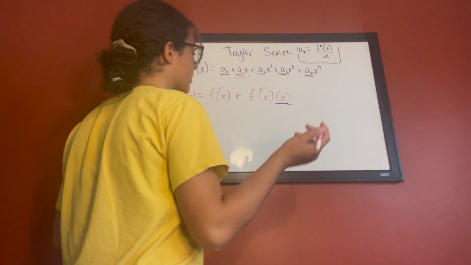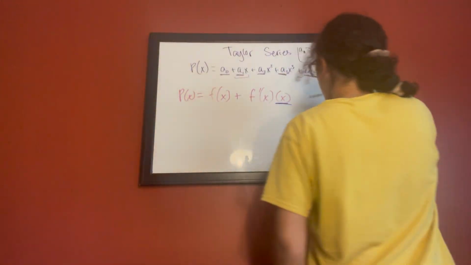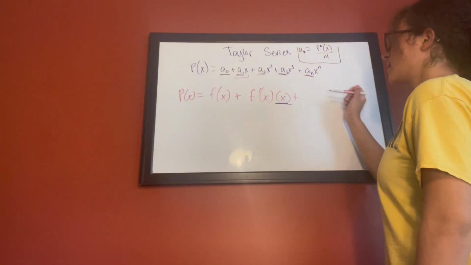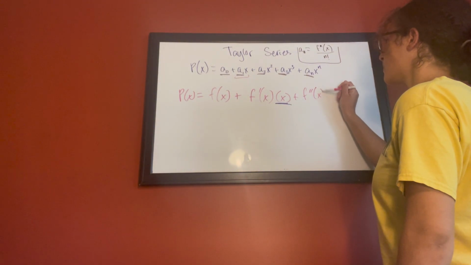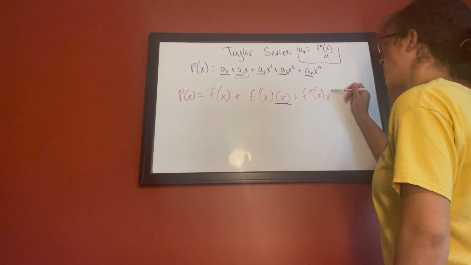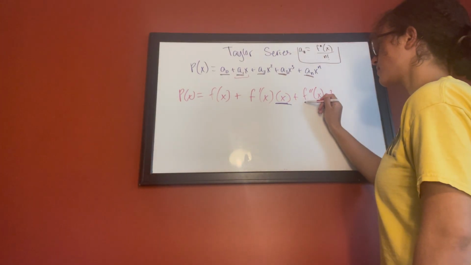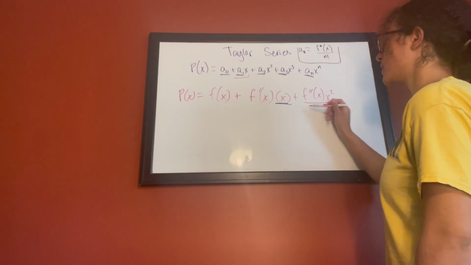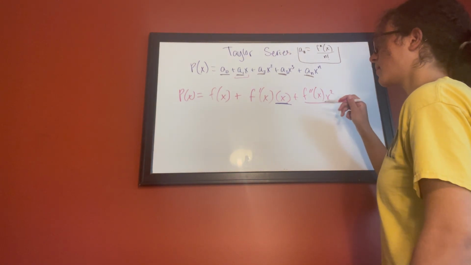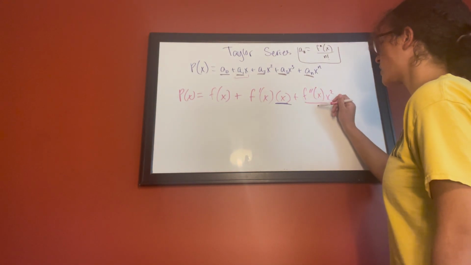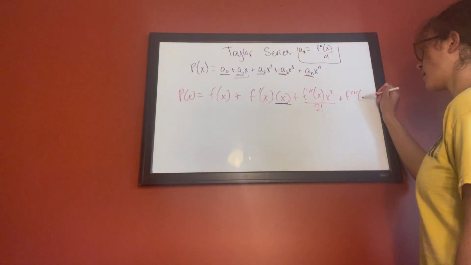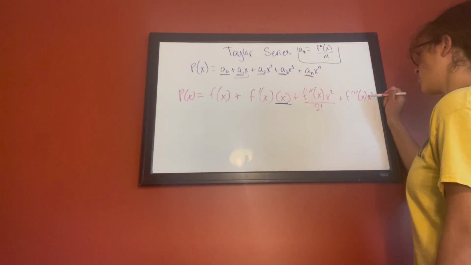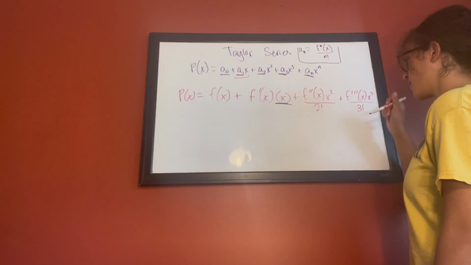Divided by 1 factorial, so no need to include that. Plus, what's a2? Second derivative of x times x squared divided by 2 factorial plus third derivative of x times x cubed divided by 3 factorial.